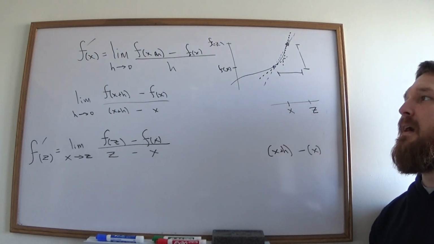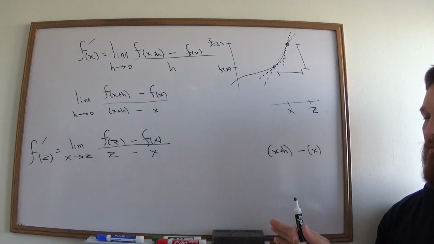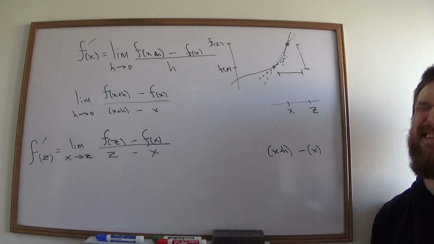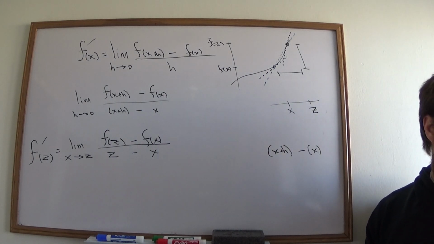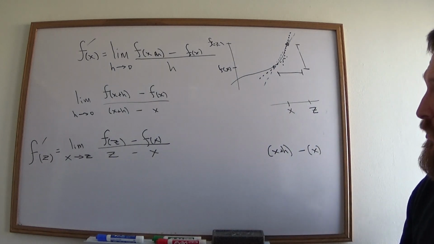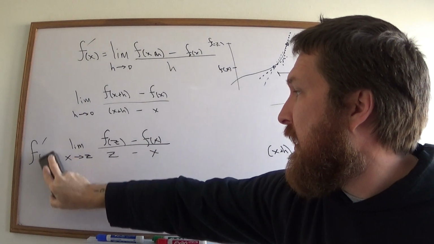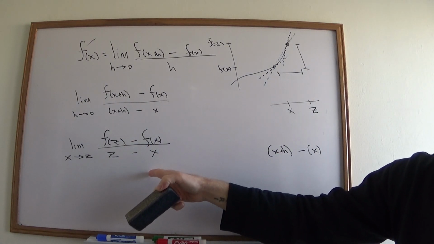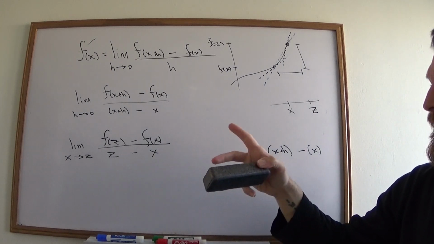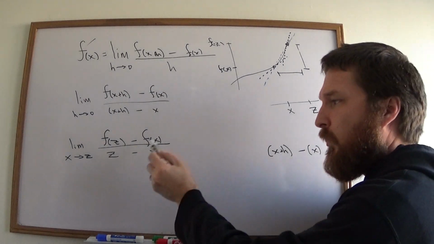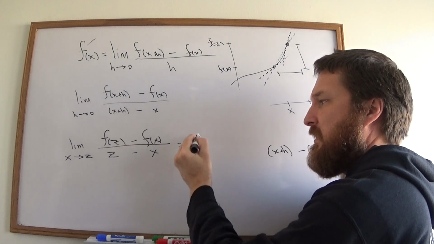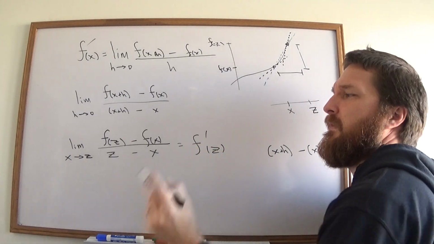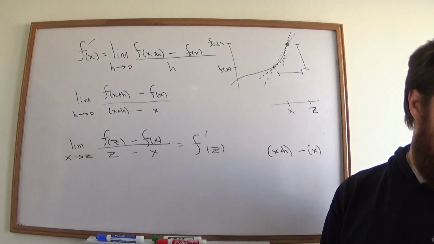I've given you a bunch of these. In this one, I give you something like this and say, rewrite each expression in terms of the derivative of f. What I'm looking for is that this is equal to f prime of z.